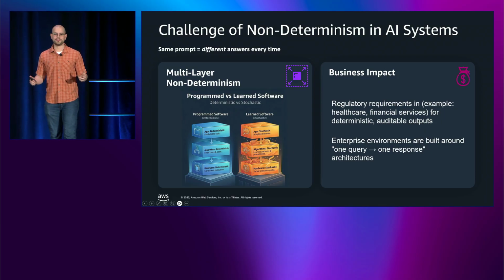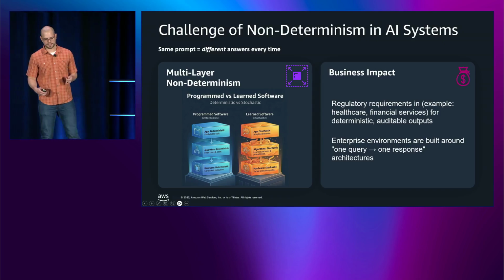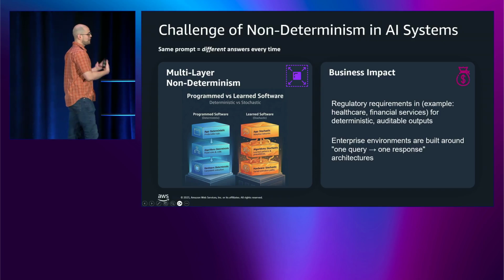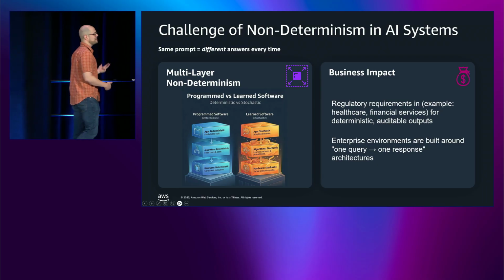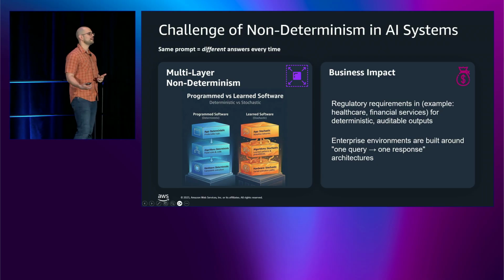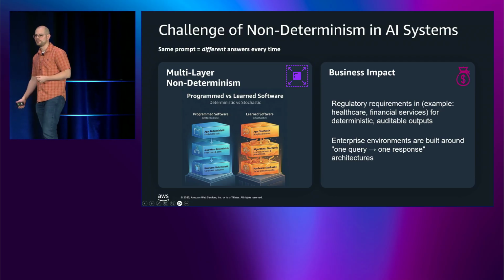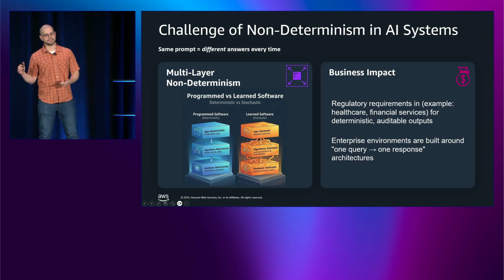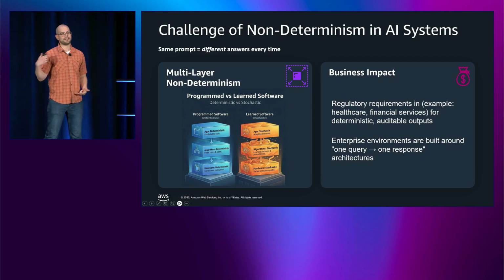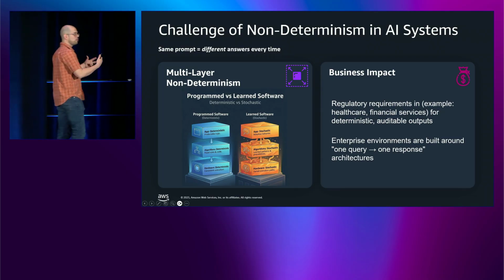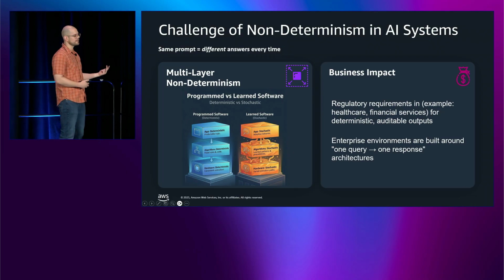And you can think about this at each layer of the stack. So you can think about the app layer, where traditionally, if software was working correctly, it would give you the same answer every time. And now we have a lot of AI systems where even in the app layer, there are key icons like regenerate, and regenerating responses and trying different prompts and tweaking is actually a core part of the application experience.